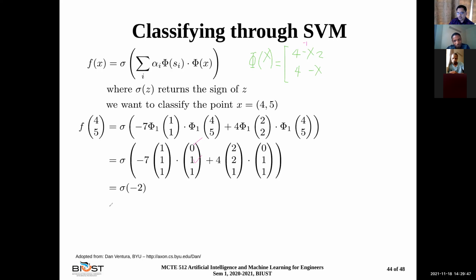So the sign is what? The sign is -1. Okay, so that's the answer. That's the classification. Okay, so what does it mean? How come there's a -1 on the outside?